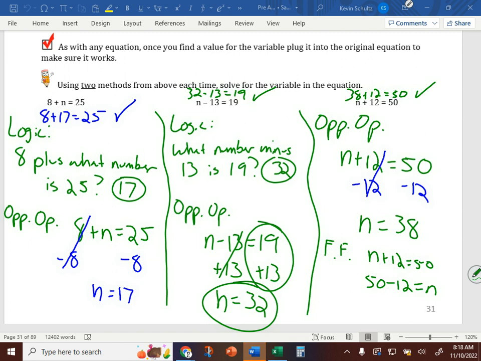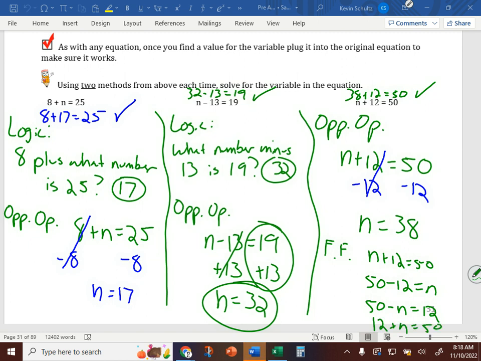Remember in part-whole adding, a part plus a part equals whole, so it'd be whole minus part equals part. The other one, starting with 50, is 50 minus n equals 12. And what's the last? 12 plus n equals 50. Just switch around our first one.